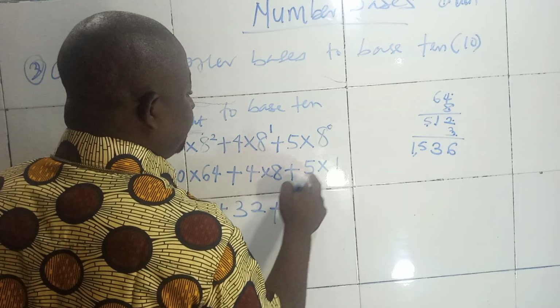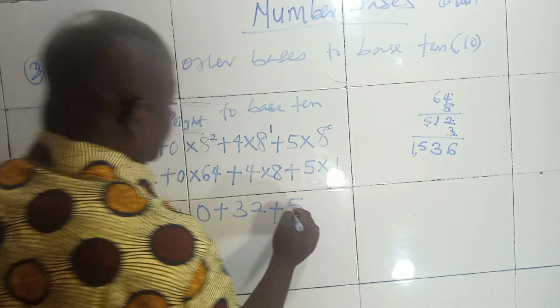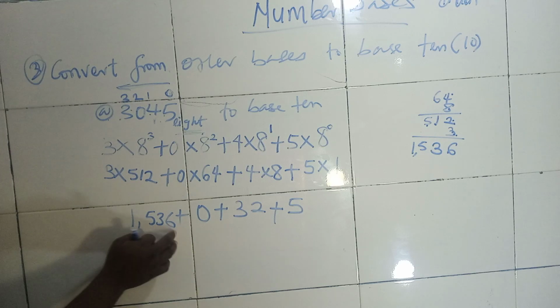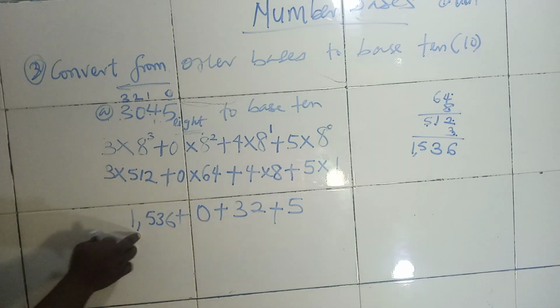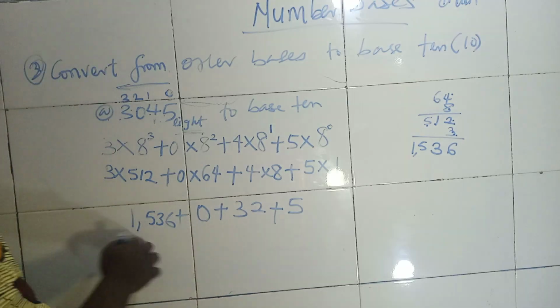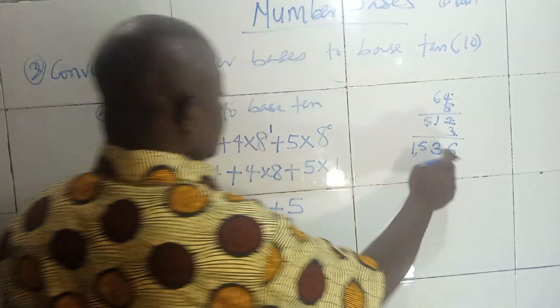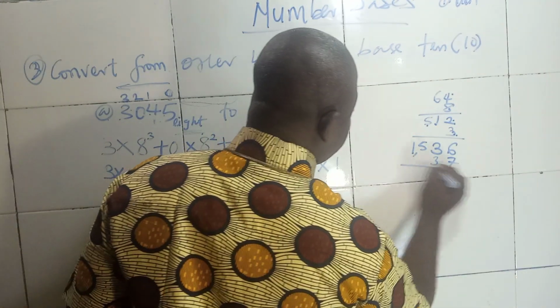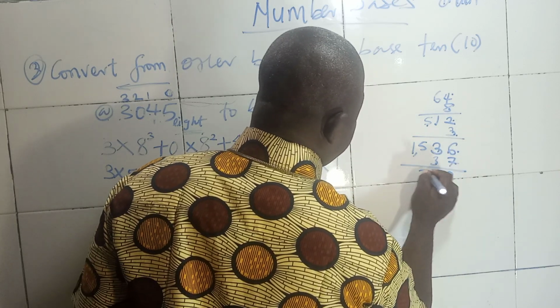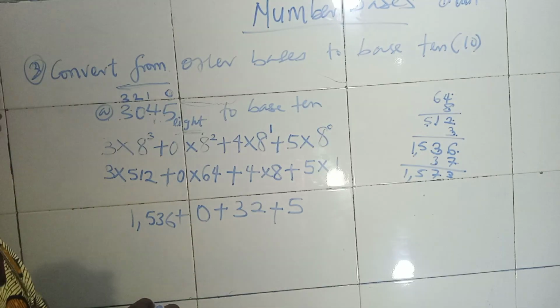Plus 5 times 1, which is 5. You now sum this together. So this 1,536 plus 0, then we now have 32 plus this, that's 37. Plus this, we have 1,536 plus 37. So the answer is 1,573.